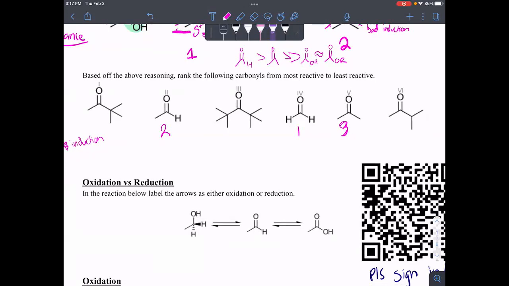Yes, my Roman numerals are horrible, so I have to like. And then between 1 and 3, which one is more reactive? 1, yeah. So it literally just goes in order of most stuff attached to the carbonyl, or least stuff attached to the carbonyl towards the most stuff.